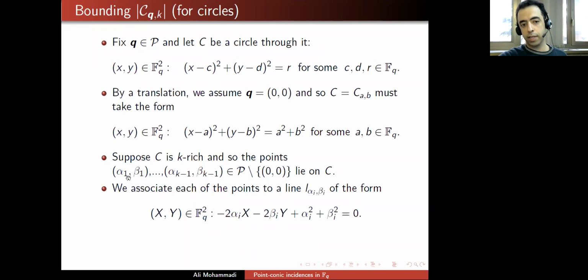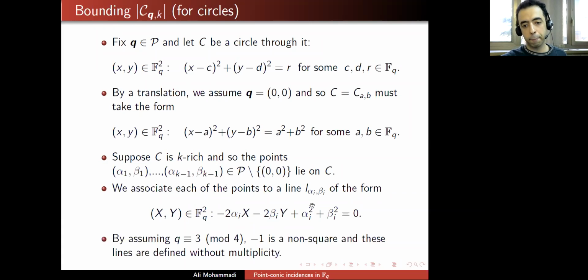So as in, we sent the K minus 1 points from the original problem to K minus 1 lines, and we sent our circles, the parameters defining our circles, to points. And by the assumption that -1 is a non-square, by some calculation, you can show that there is no multiplicity in the definition of these lines.